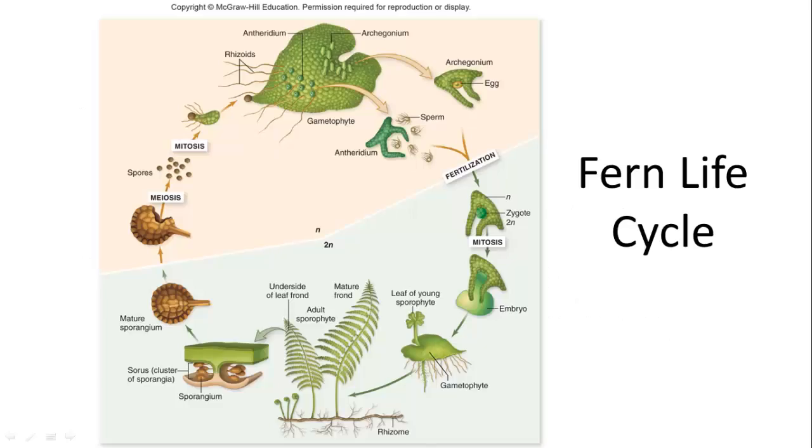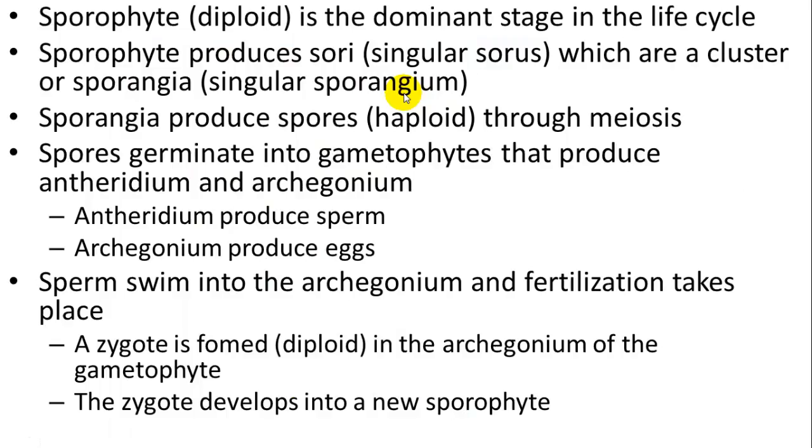Okay, so this is what the fern life cycle looks like. And some differences are the sporophyte, the diploid stage, is the dominant stage, which is more similar to seed plants. And the sporophyte develops structures called sori, or a sorus, which has a cluster of sporangia.